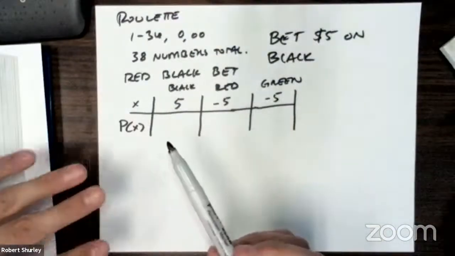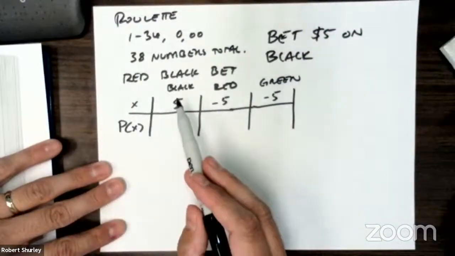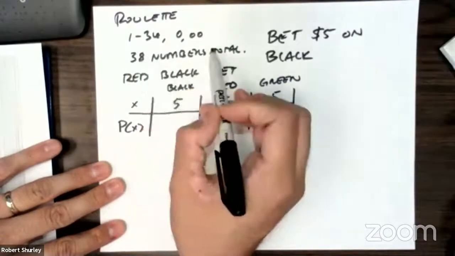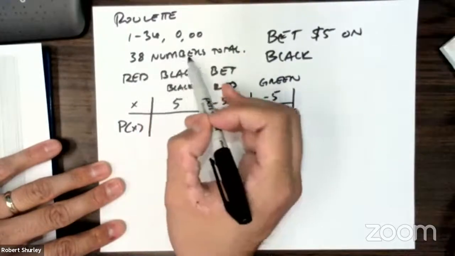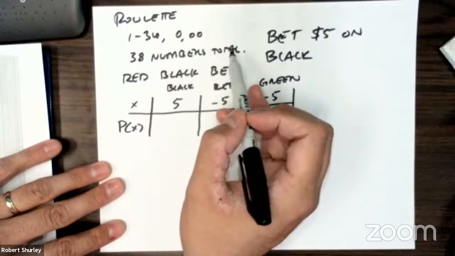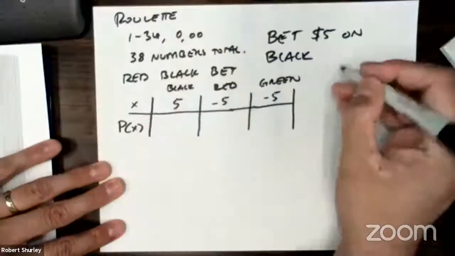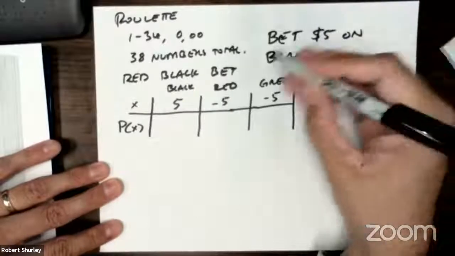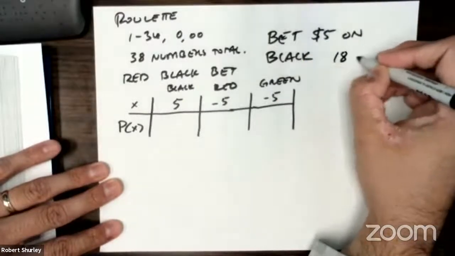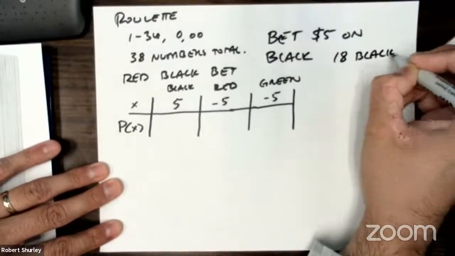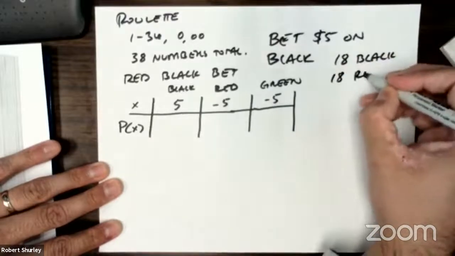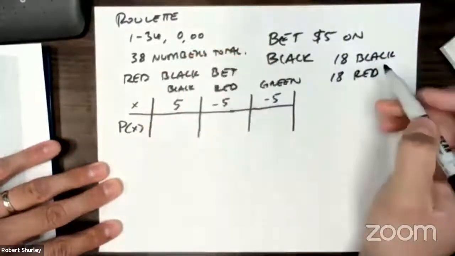Now look at the probability of each. Remember, there's 38 spots total. Half of 36 are black, so we've got 18 black, 18 red, that adds up to our 36. And then we have 2 greens.